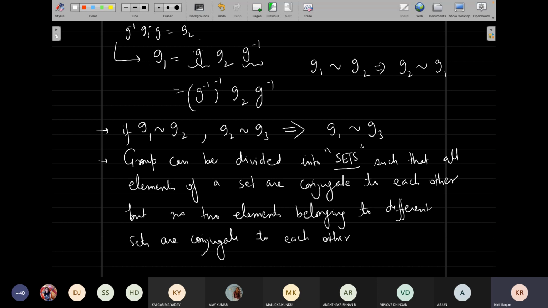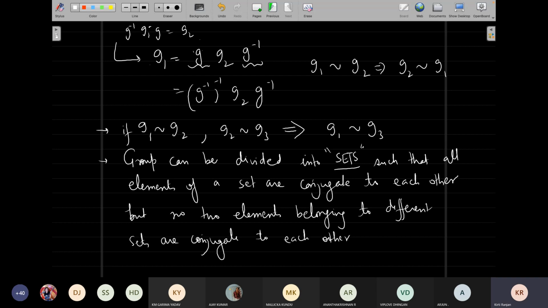So let's read this definition again. These conjugate elements will allow us to divide the group into certain sets, again not subgroups, such that a given set contains elements which are conjugate to each other, and no elements belonging to different sets are conjugate to each other. That means if elements are conjugate to each other, they all belong to the same set.